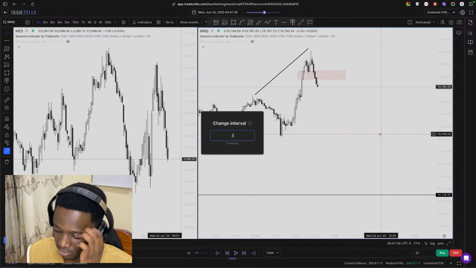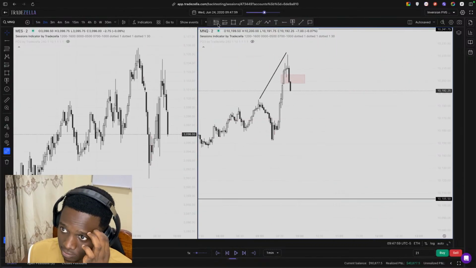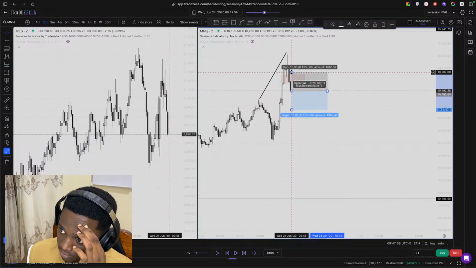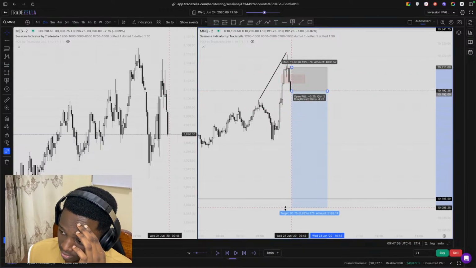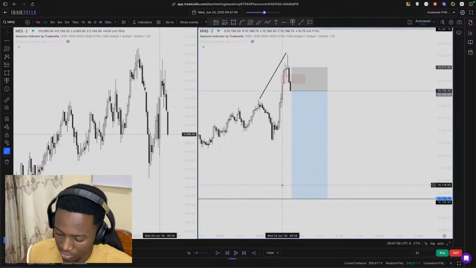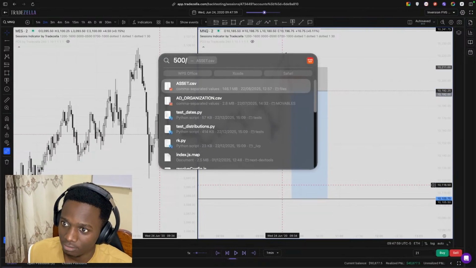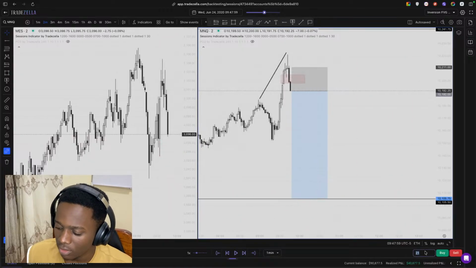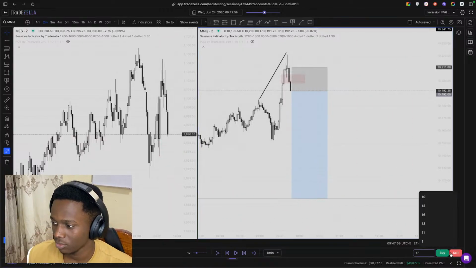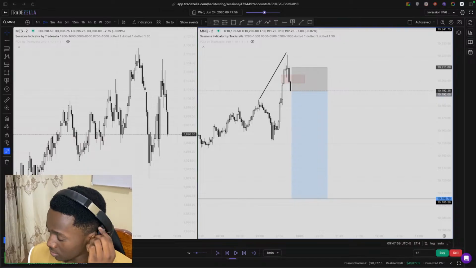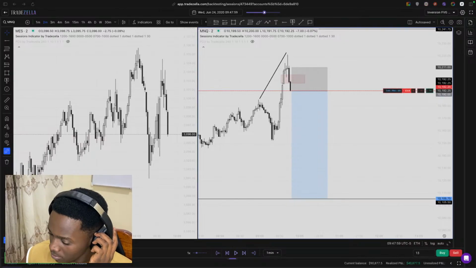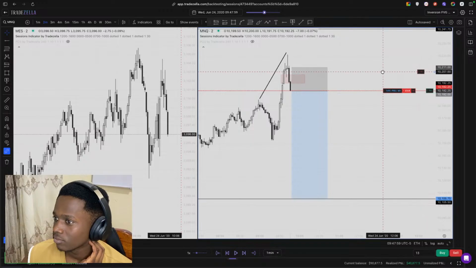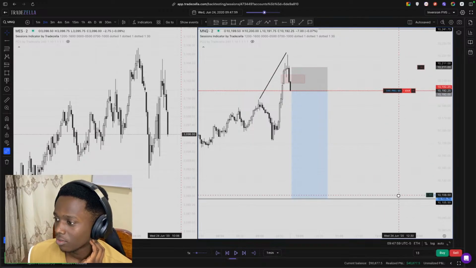Okay, let's see. So maybe stop at these highs and targeting all the way to this low for 400 over 438. 13 micro short, and let's see if it drops to this low to create a new low.